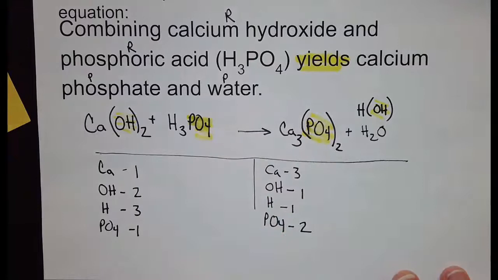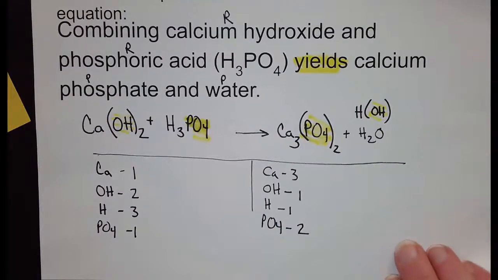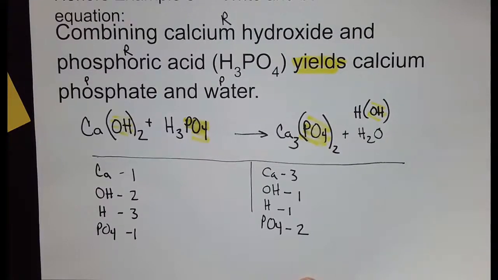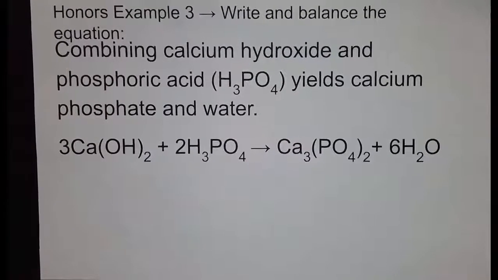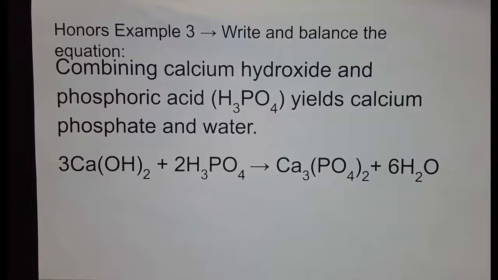So we have correctly drawn the skeleton equation, and now we just need to balance. If you would like to pause here and balance it, and then you can check it. Okay. Here is the answer to this one. So now you can go on and complete the assignment. Message me if you have any issues.